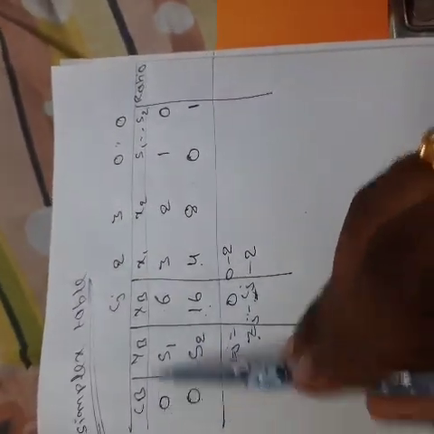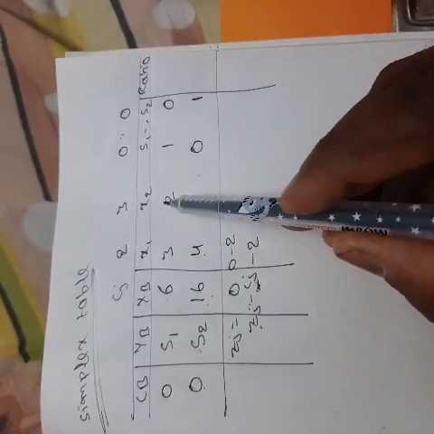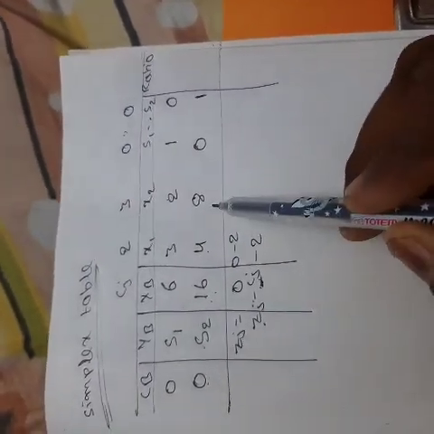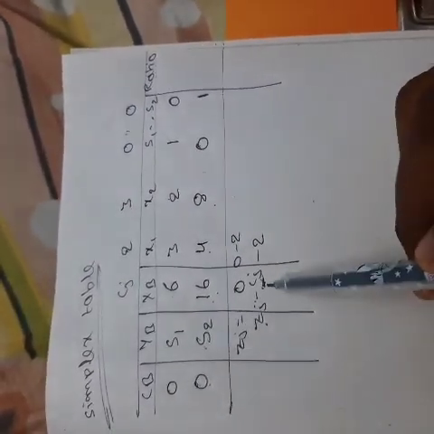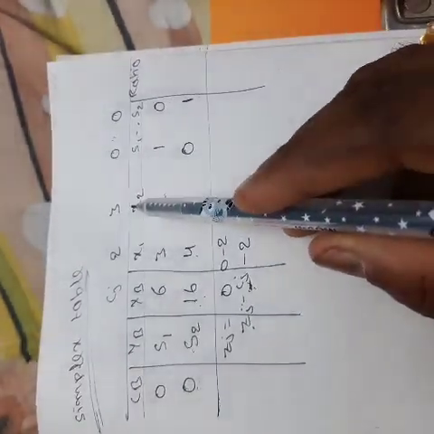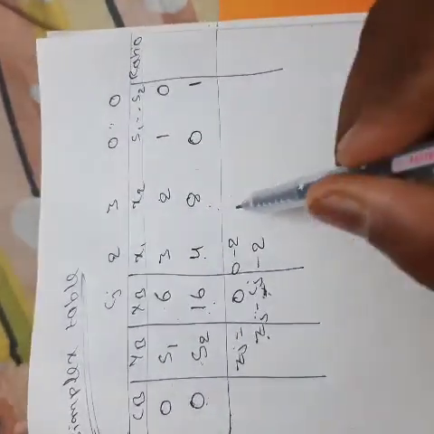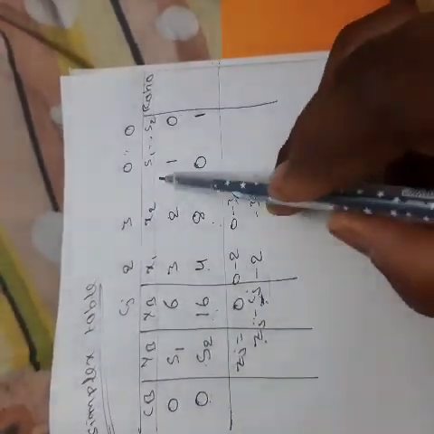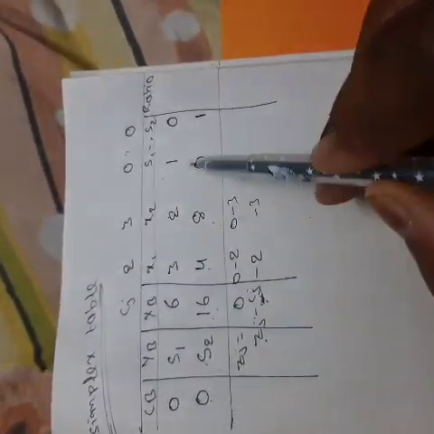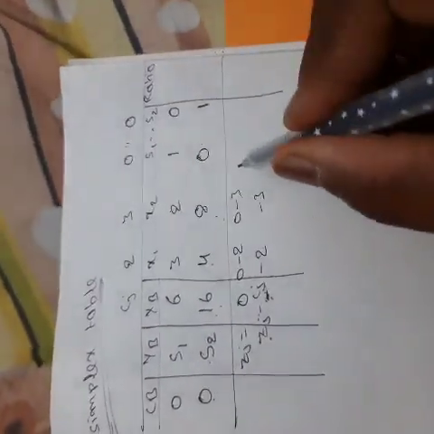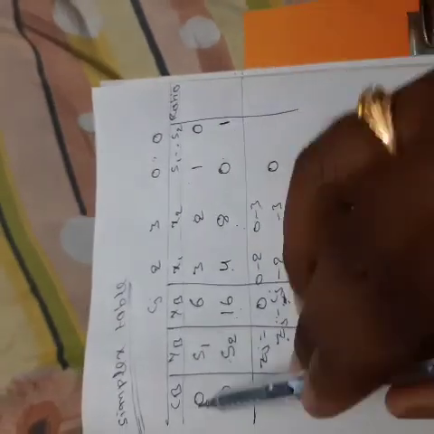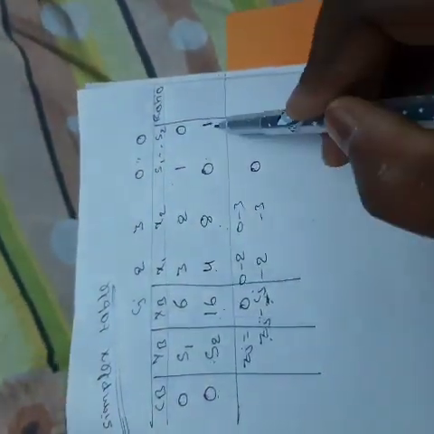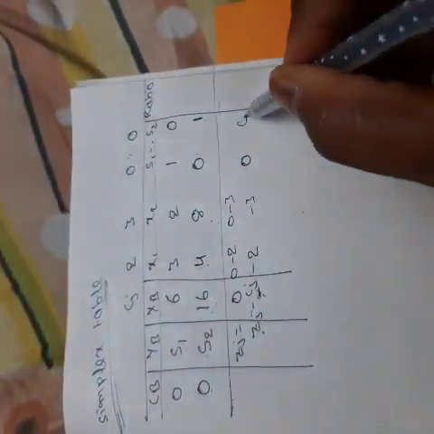Similarly, 0 into 2 plus 0 into 8, the sum will be 0, minus the Cj value of 3, so the total will be minus 3. Then 0 into 1 is 0 and 0 into 0 is 0, minus the Cj value of 0, therefore it will be 0. Likewise for the last, 0 into 0 plus 0 into 0, and the Cj value is 0.